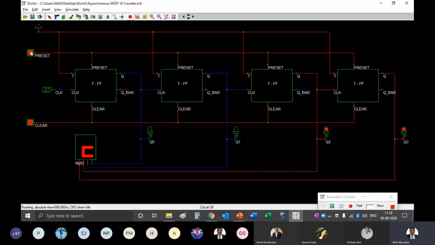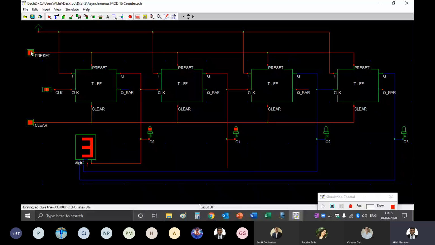Tanish, are you following this? Yes, sir. What about Pranjali? Are you following this? Pranjali is not there.